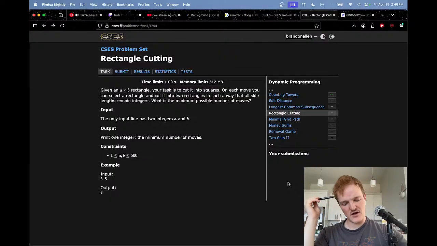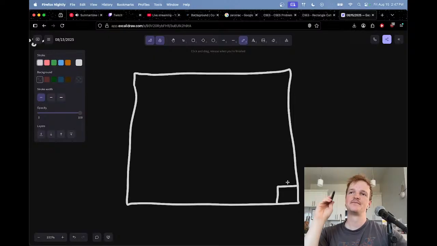It specifies the cut must go through the entire shape. Yeah, into two rectangles implies your cut has to go through. I see what you're saying.